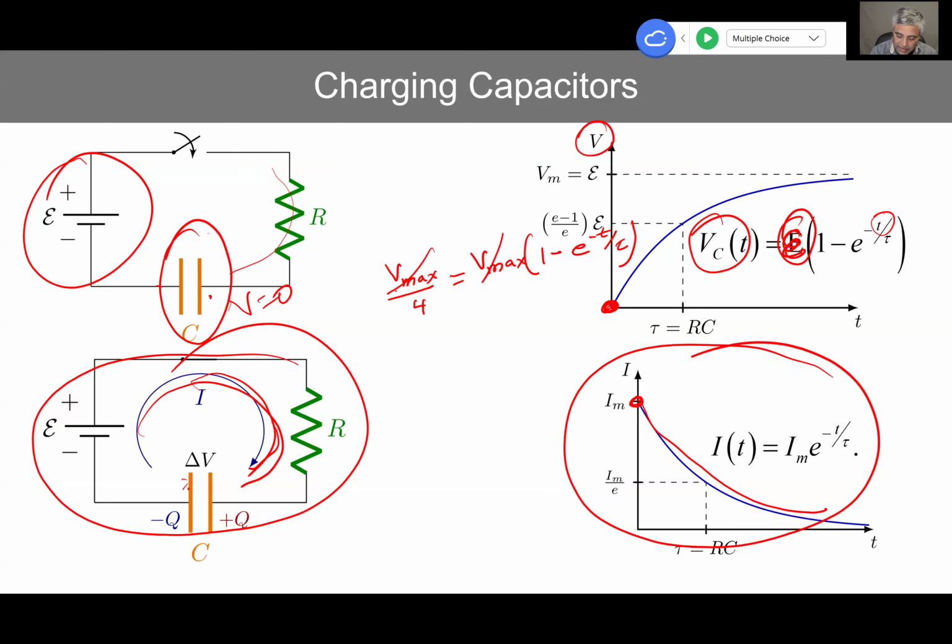So the V max cancels. The only unknown is this t. So t is what you are asked to calculate. To do that, you probably have to take the log after you rearrange, so that the e thing goes out. The log of e to the power t over tau becomes simply t over tau.